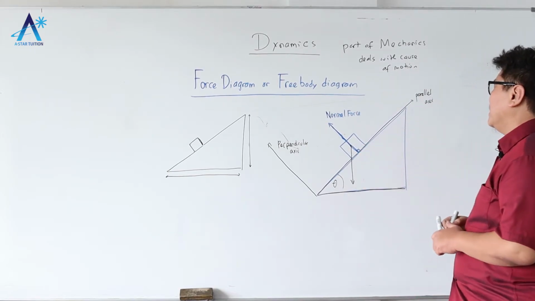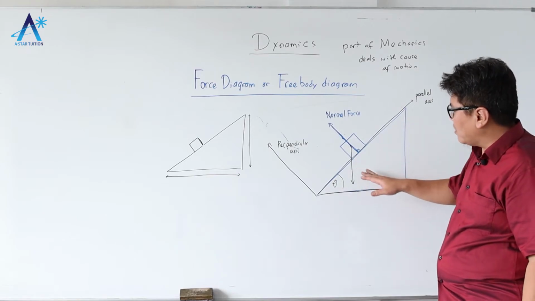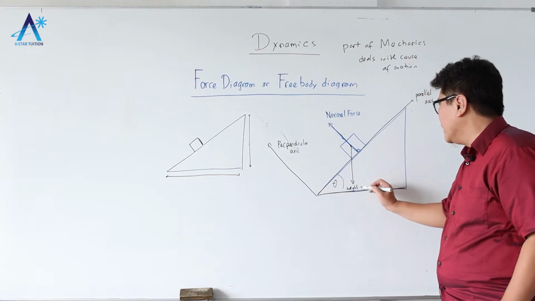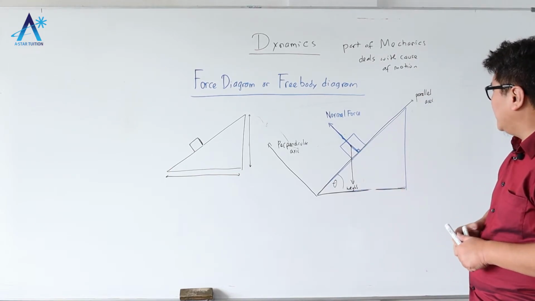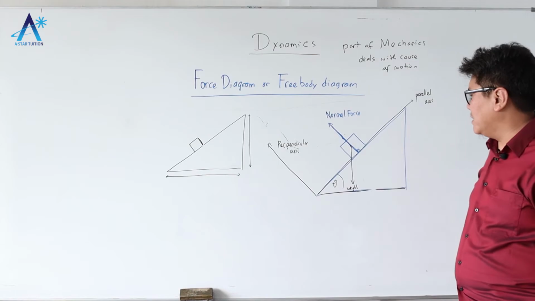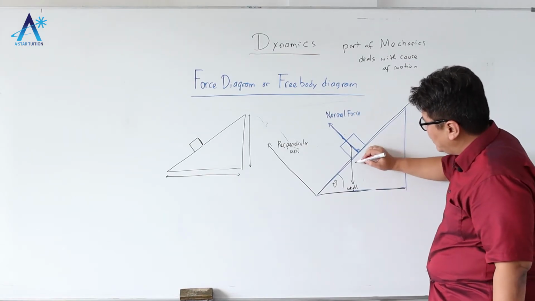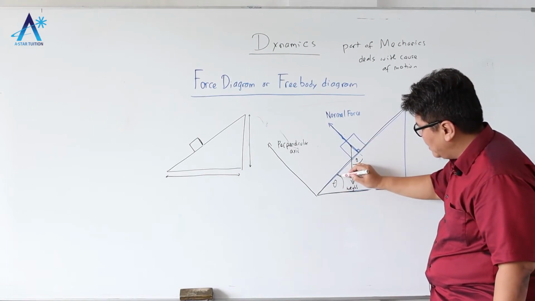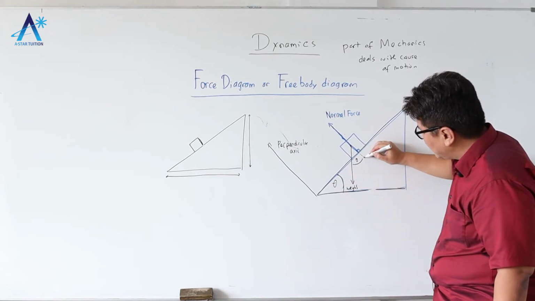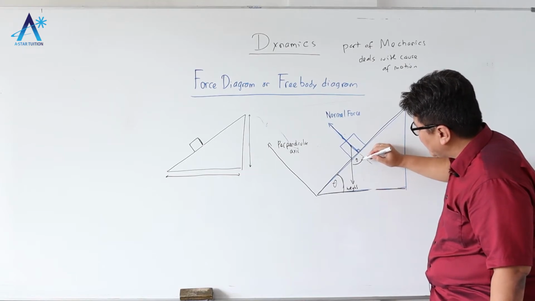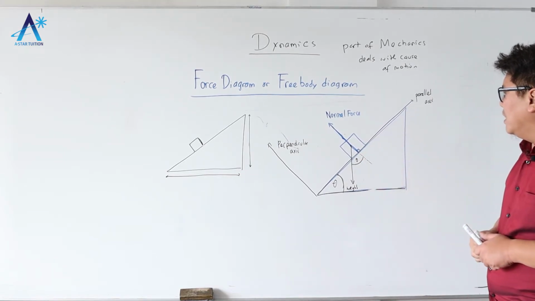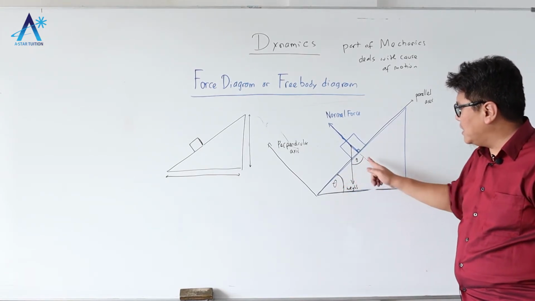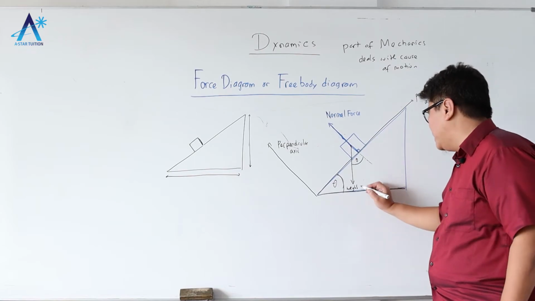However, as I mentioned just now, we usually resolve all the forces in the parallel axis and the perpendicular axis. Now this angle over here is also theta. If this is theta, this is also theta. You can easily prove it if you learn about properties of angles in geometry, for instance. Now weight is equal to mg.